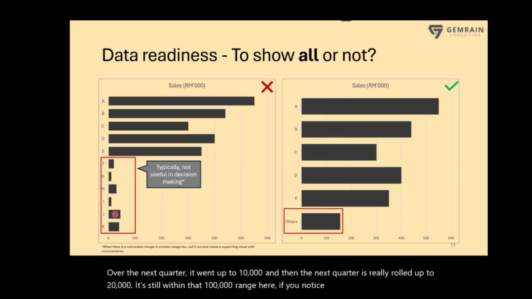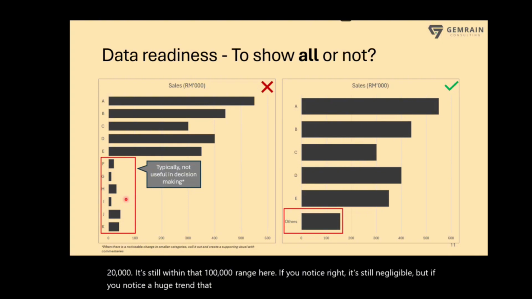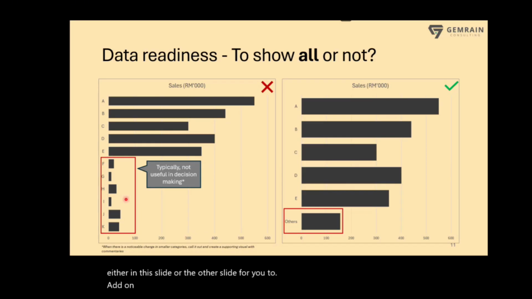It's still negligible. But if you notice the huge trend that is upcoming, then it is advisable for you to create a supporting visual, either in this slide or the other slide, for you to add on certain commentaries if you need to, right?